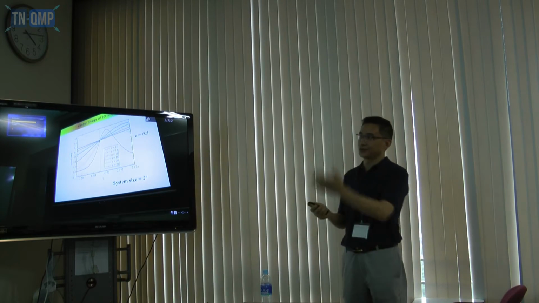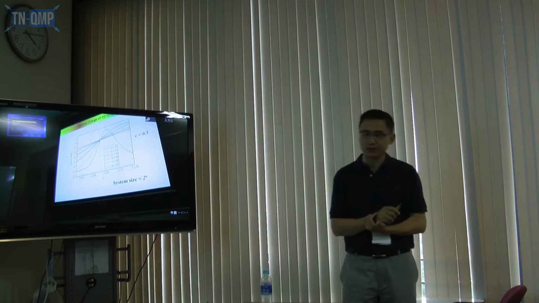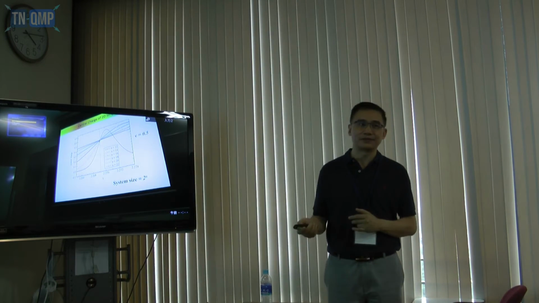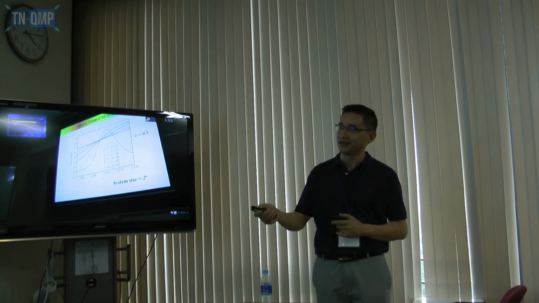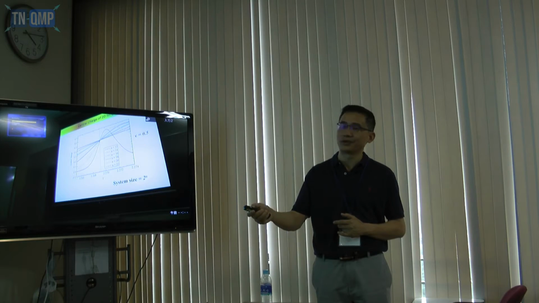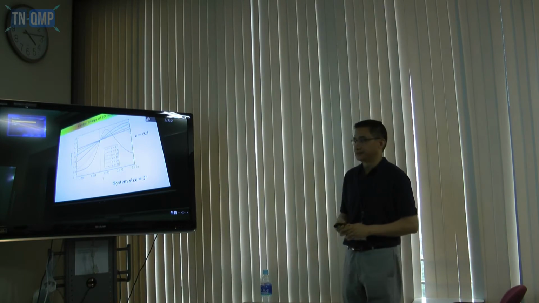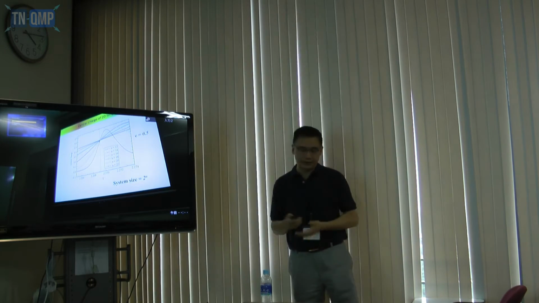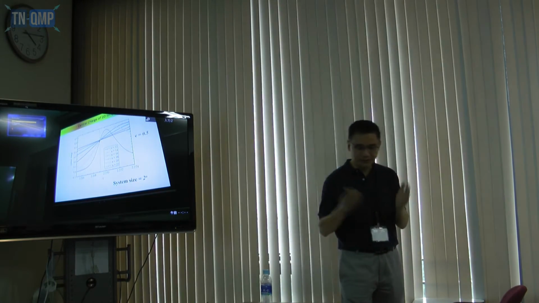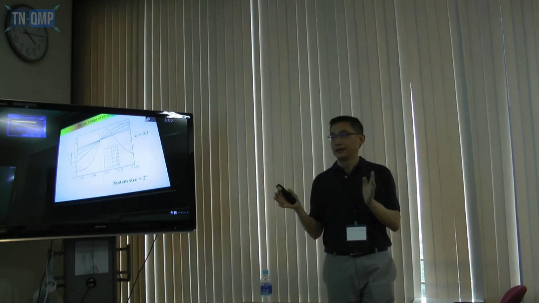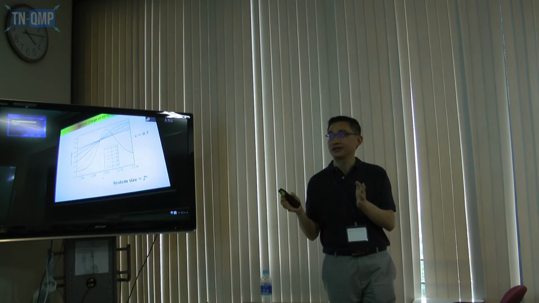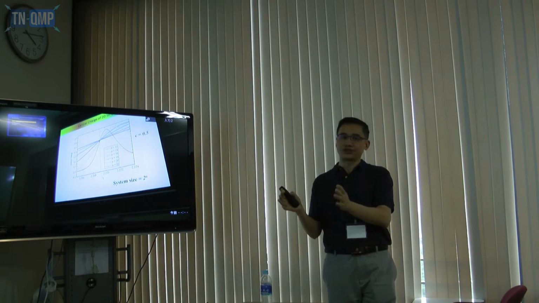We tried this for the XY model. It's not that accurate, actually. We did not see this kind of very precise crossing point. Anyway, this kind of approach can indeed give us some information.